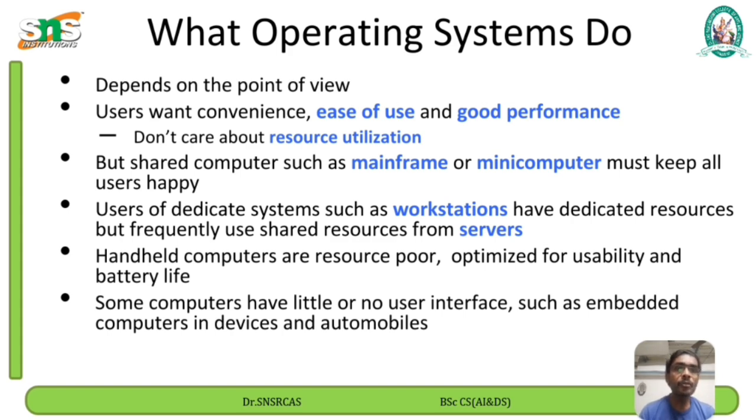So the user wants convenience, ease of use, and good performance. Users basically never consider what resources they are utilizing. So computers such as mainframe or minicomputers must keep all users happy, but the user doesn't know what happens beyond the operating system, or beyond the different resources and different types of hardware components.